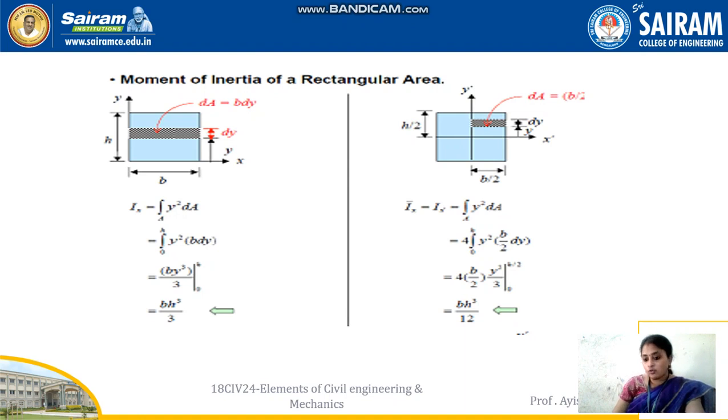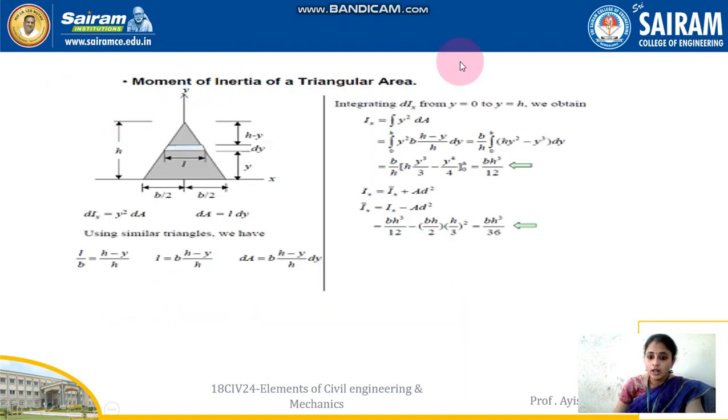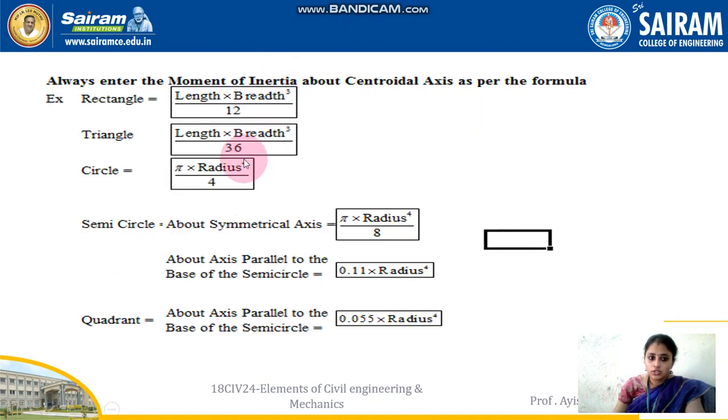For a triangle also it is the same, you get bh cube by 36 and b cube h by 36, by substituting in the formula integration of y square dA. The other things are the same as in the centroid topic, and using the similar triangles properties they have written this step, and finally by resolving you get Ixx and Iyy. So these are the formulas we get for moment of inertia.